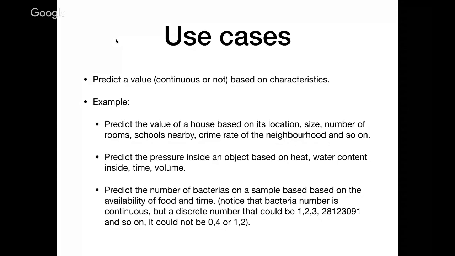What else? Predicting the pressure inside an object based on the water content inside. When you heat a closed object with some liquid or even air inside, the fluid will expand, and that will increase the pressure inside the object.